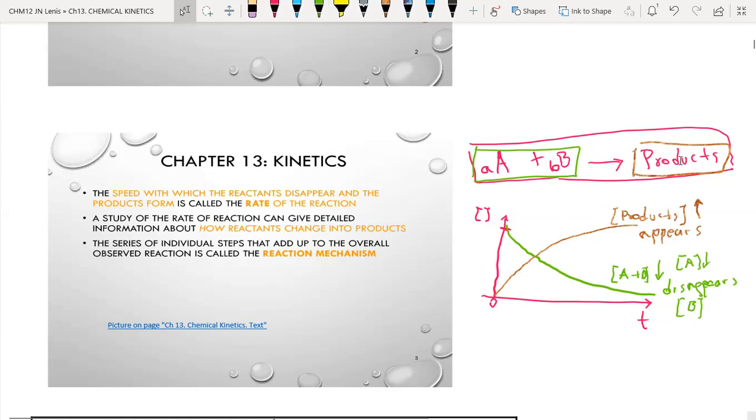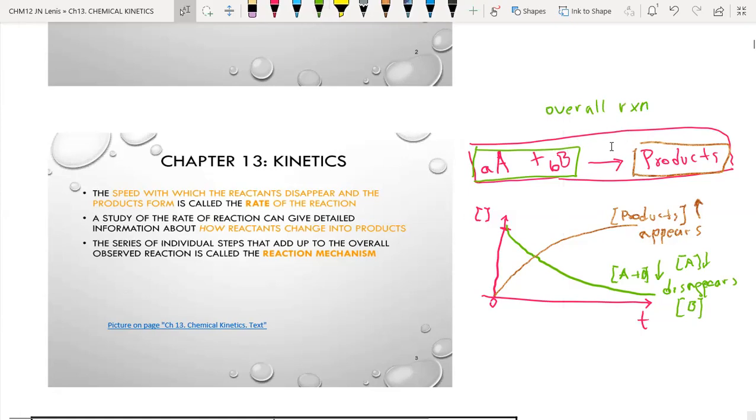Because probably it's easier to measure it here, and probably it's a little bit complicated from the experimental point of view. Some experiments are a lot easier, probably, to measure how fast concentration of B disappears. So you use that to measure the speed of the whole reaction. And we call this the overall reaction. This is the whole reaction. That's called the overall reaction.